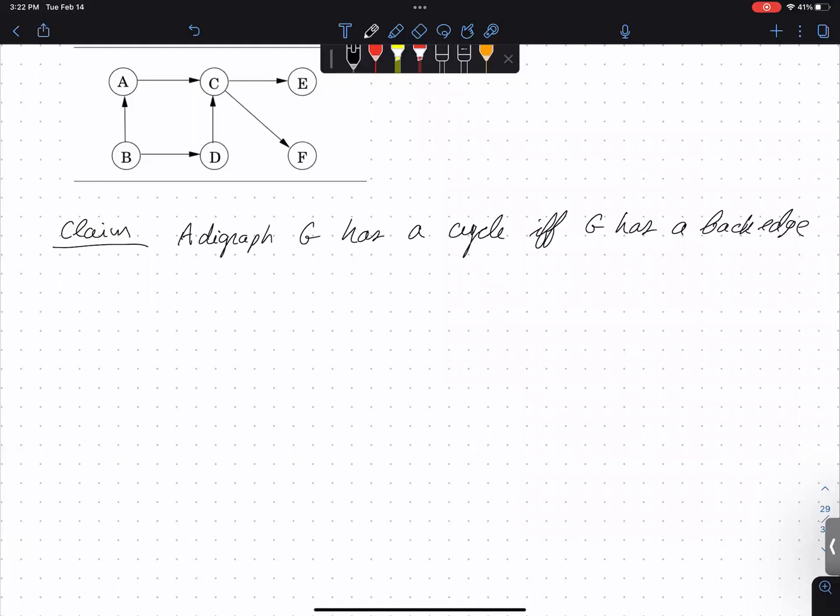This is going to lead to an algorithm for finding if the graph has a cycle or not, just by running DFS and checking if there's any back edge. If this claim is true, which it is, we'll prove it in a second, then it gives us immediately an algorithm. And we'll go through the algorithm also after the proof of the claim.